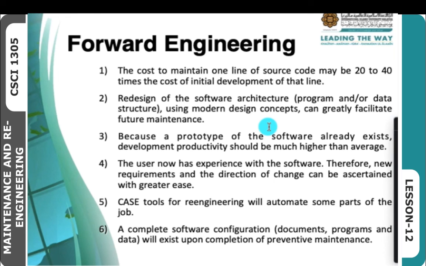That is the idea of forward engineering: you have existing systems, where maintaining one line is costly. You have a prototype, meaning development activity must be higher than average, meaning it is faster. And we have user experience, which is certain. Therefore new requirements and the direction of change are ascertained with greater ease.